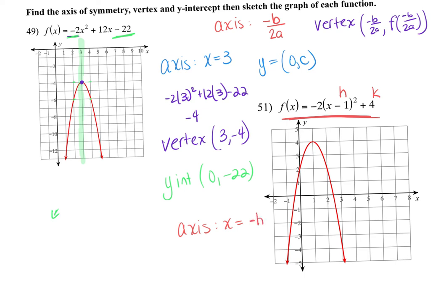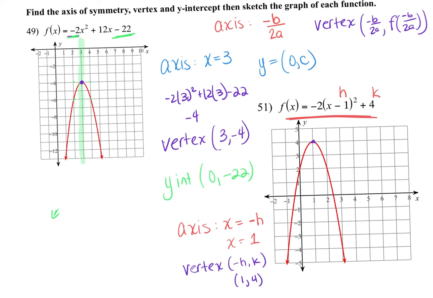So the opposite of that, this is negative 1, so my axis is positive 1, and you can see that's where they graphed it. My vertex for this form is going to be negative H and K. So in this case, a positive 1 and a positive 4, and you can see that's where that vertex is.